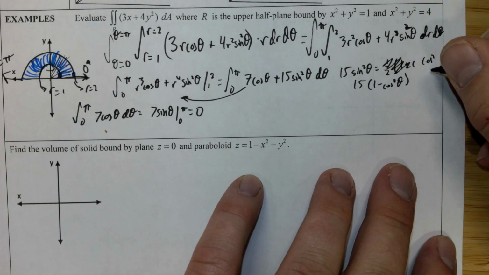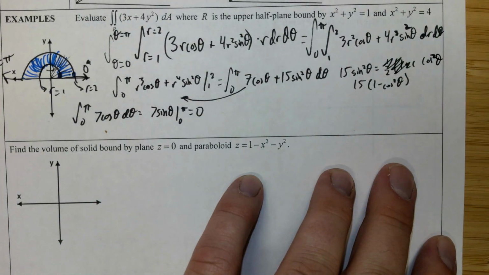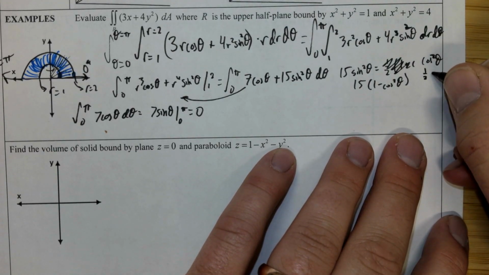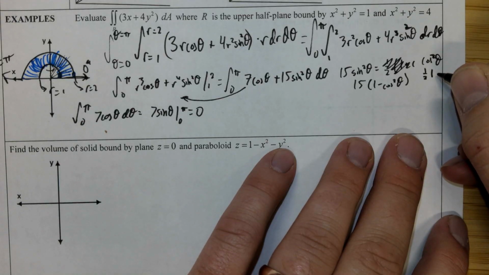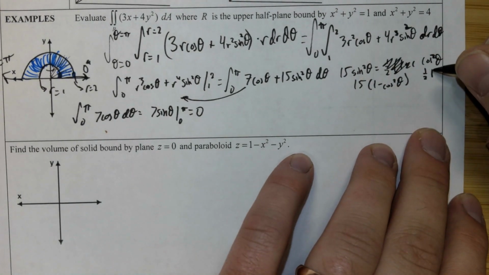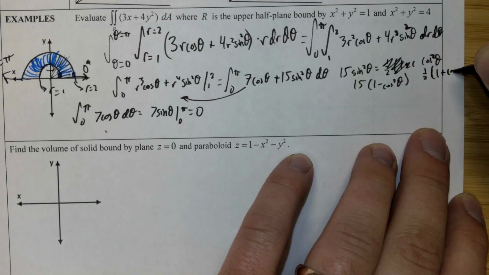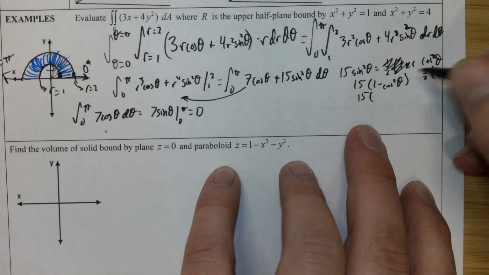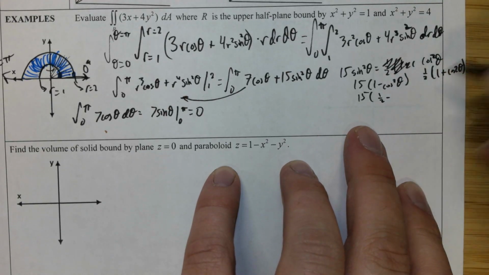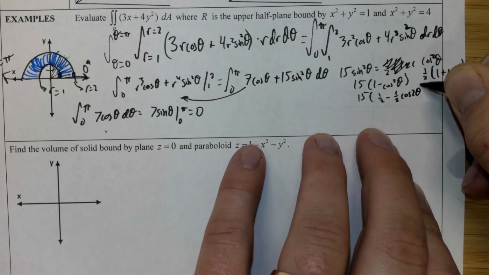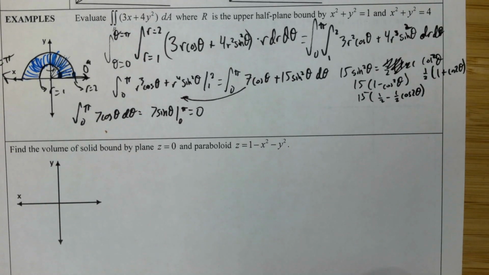My sine squared identity, which you're going to use a million times in this lesson, is 1/2 times 1 minus cosine 2 theta. Hold on, I almost wrote plus. So this is going to get subbed in here. I'm going to have 15 times 1/2 minus 1/2 cos 2 theta. That is definitely integratable.